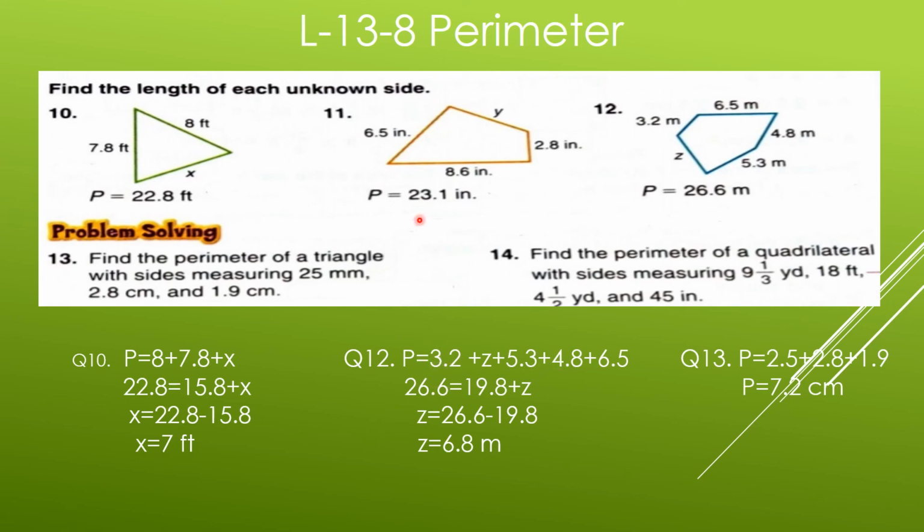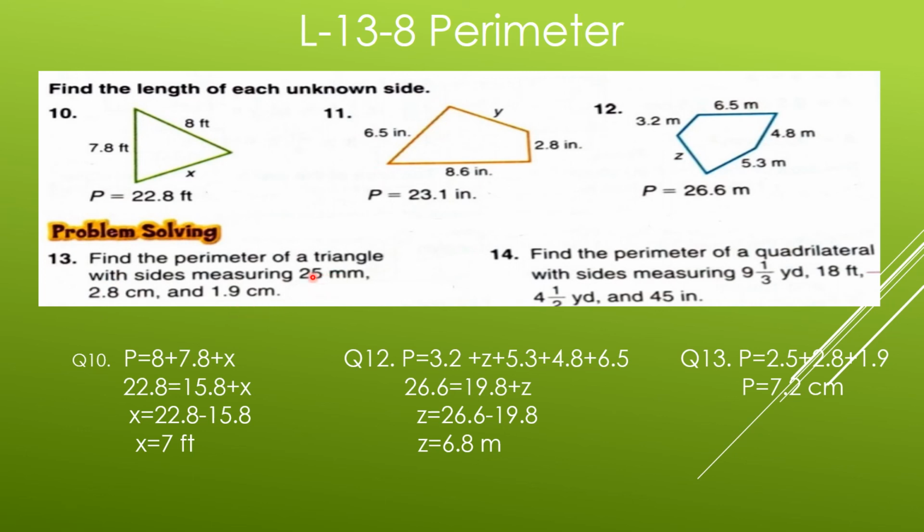In question number 12 you can see 3.2, Z, 5.3, 4.8 and this same way. 26.6 is the perimeter, and then solve the equation you got. And question number 13, find the perimeter of a triangle with the sides measuring 25 millimeter, 2.5 centimeter and 1.9 centimeter.